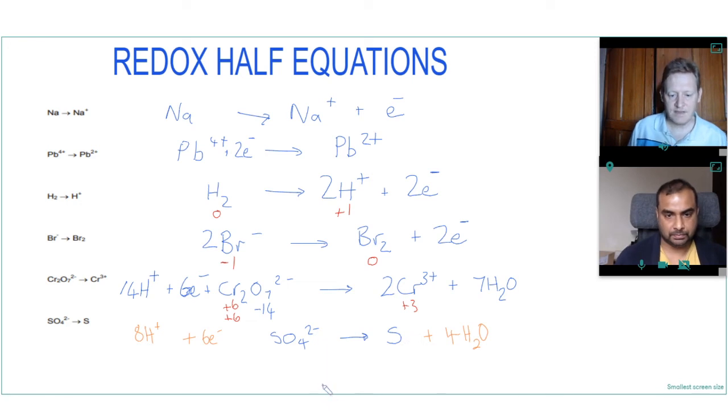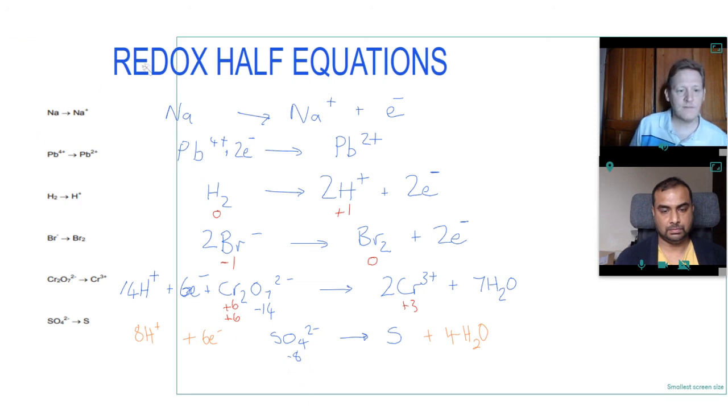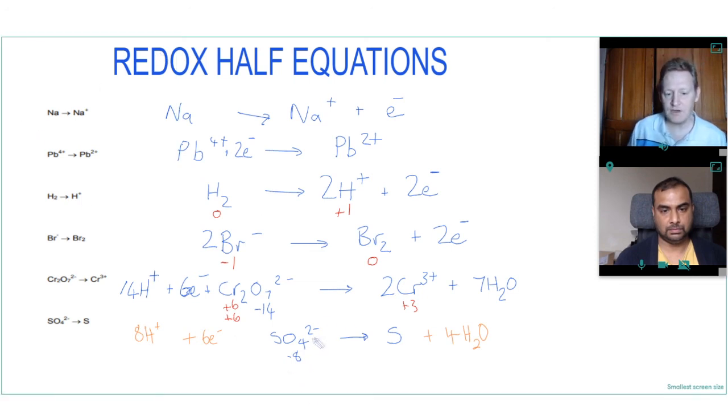Yeah, that's excellent. And if we have a look at the sulfur here, on the left-hand side, the oxygen again will be minus 2, so that would give us an overall minus 8 for the oxygen, and so the sulfur, to give us an overall minus 2 charge on the ion, must be plus 6.